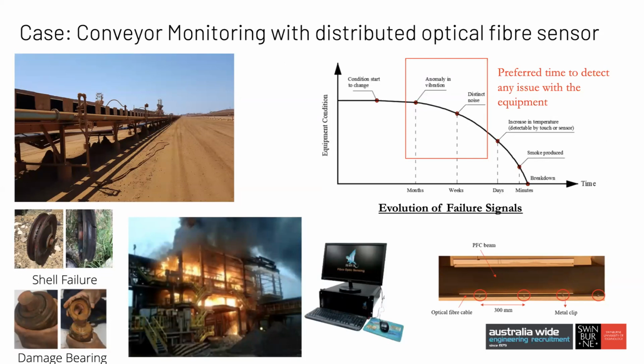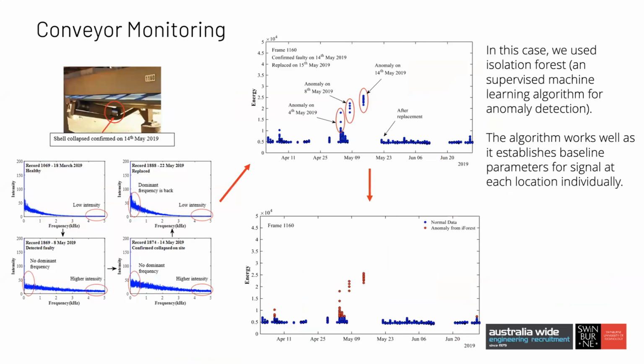It can transmit the failure signals remotely and predict efficiently how those engineering failures can be detected. And we have developed our innovative AI algorithms to provide early warnings of those failures. And we use the isolation forest machine learning algorithm for anomaly detection.